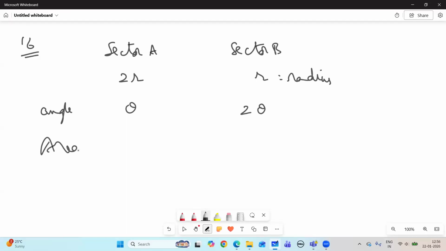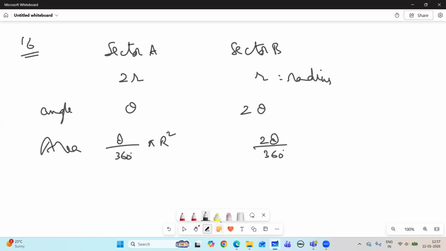If you compare areas, what is the formula for area? It is theta by 360 degrees into pi r square. I will write capital R here, not to get confused with the small r's. So this is theta by 360 degrees into pi R square, and for the other, the corresponding angle is 2 theta by 360 degrees.